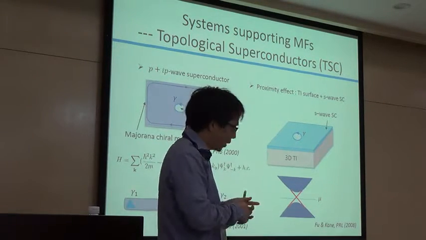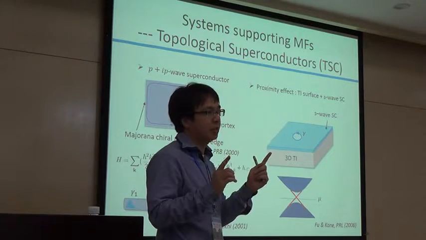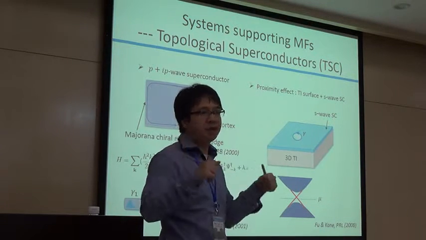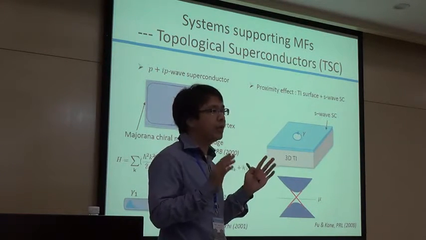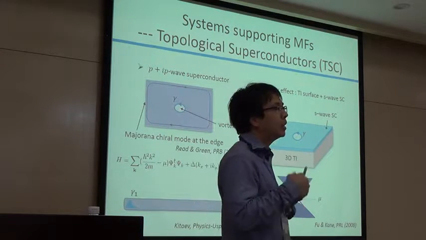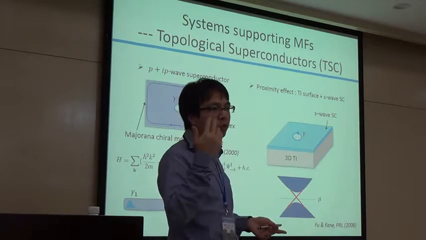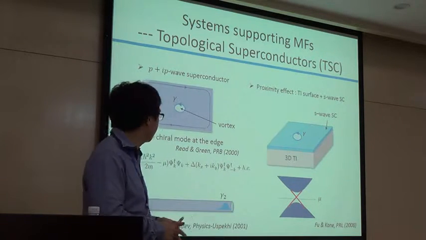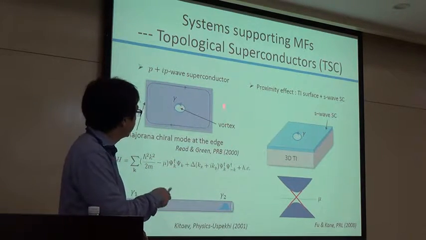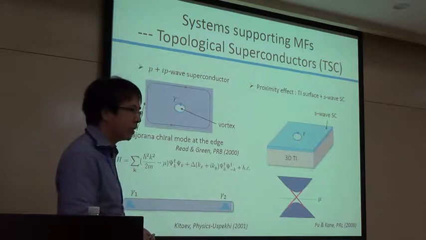You can only have, for example, spin up electrons. In this system, you cannot have spin down electrons. You're allowed to have only one species of electrons. So not spin up and down. You can have only spin up or spin down. So that is required for you to make this P-wave superconductor.